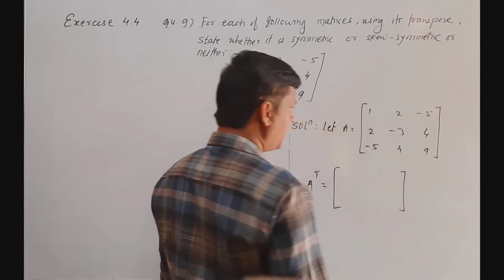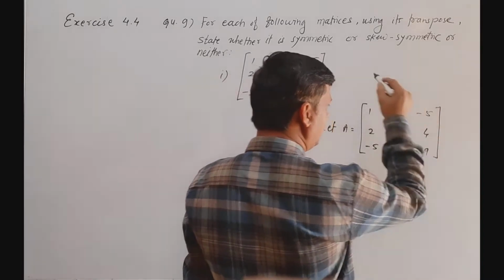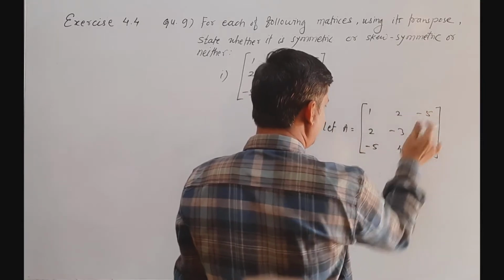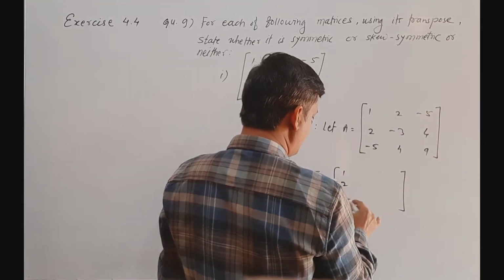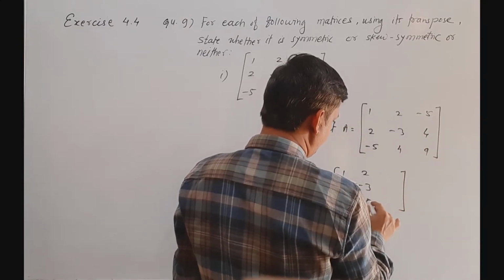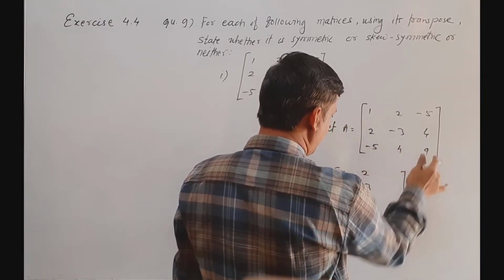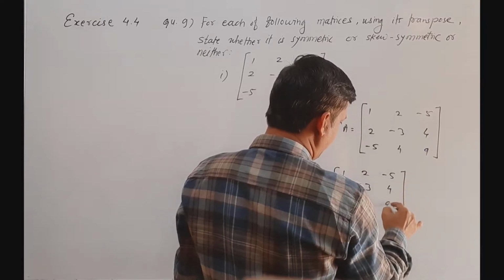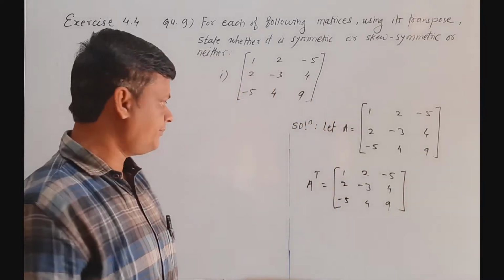While writing the transpose, we write the elements of the first row in the first column. So 1, 2, minus 5 we write in the first column. Then 2, minus 3, 4 we write in the second column. Then minus 5, 4, 9 we write in the third column.